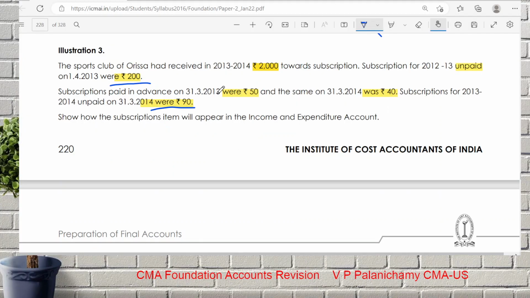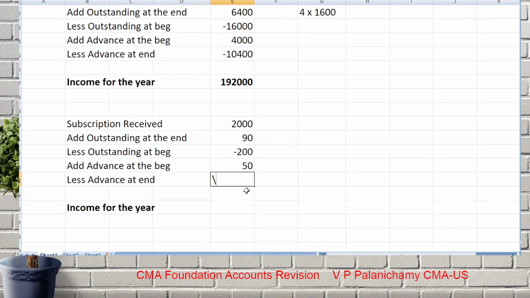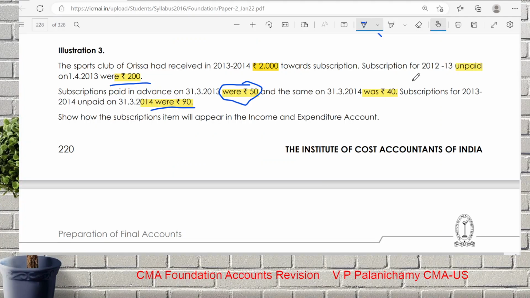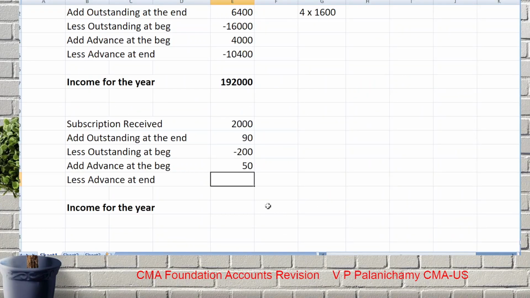Then advance at the beginning of the year is 50. Advance at the end of the year that belongs to next year is 40. Income for the year, how much? 1,900. This is illustration number 3.